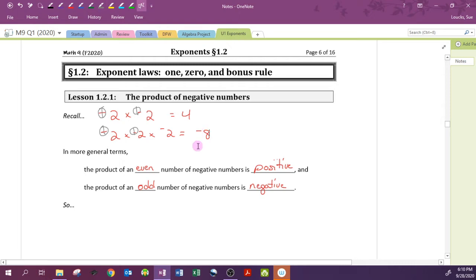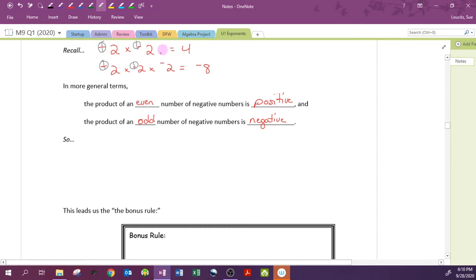So what this means for exponents, and this is the thing that students find the most difficult to remember to do. I'm not sure what it is, but this is where a lot of errors happen. If I have negative 2 in brackets to the power of 4, remember the bonus rule.